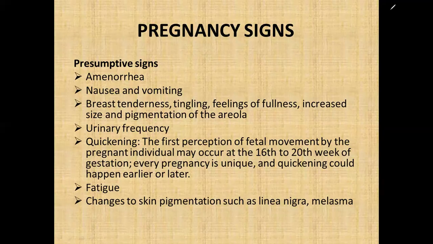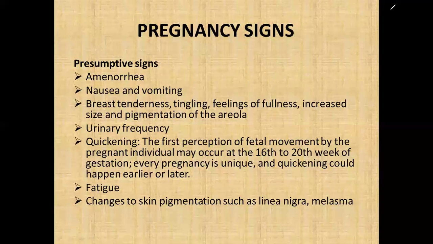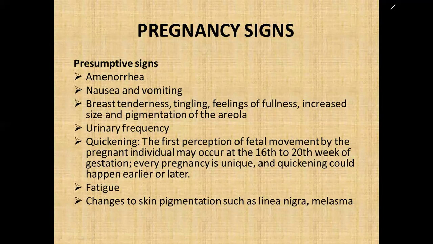When it comes to signs of pregnancy, we are looking at what would indicate that an individual is pregnant. And so we have divided it into these three. The presumptive ones are the early signs, and they are more of hormonal changes that bring them about. They are presumptive because it is the woman who is experiencing these things.